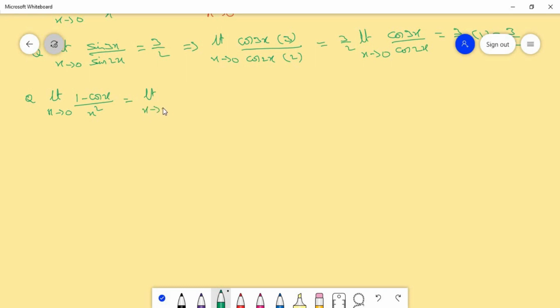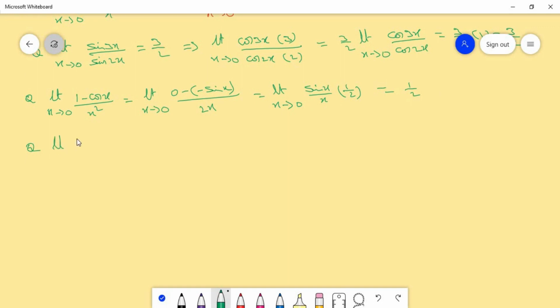Limit x tends to 0, one's derivative is a constant, it is 0. Cos derivative is minus sin x, whole divided by x square derivative which is 2x, which is equal to limit x tends to 0 of sin x by x into 1 by 2, that is equal to 1. So the remaining answer is 1 by 2.